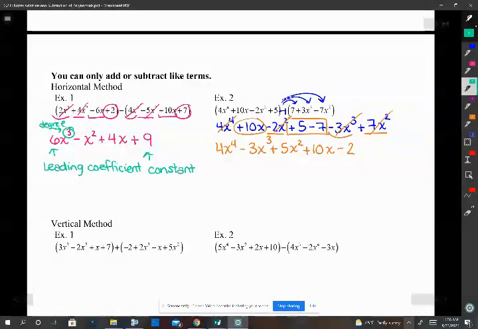Okay, same thing in this case: 4 is your degree, that other 4 is your leading coefficient, and the -2 is your constant.